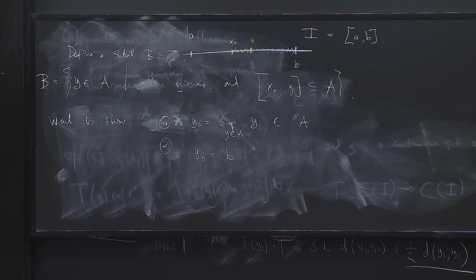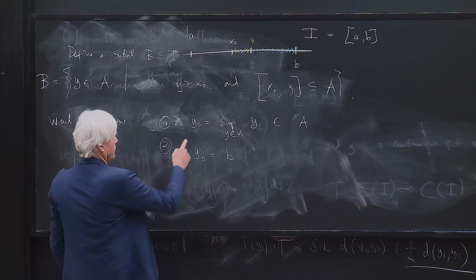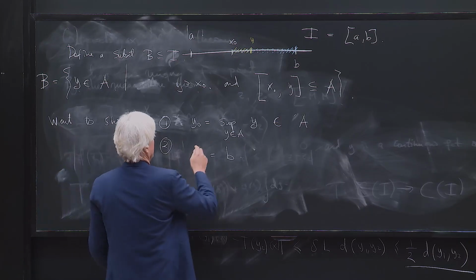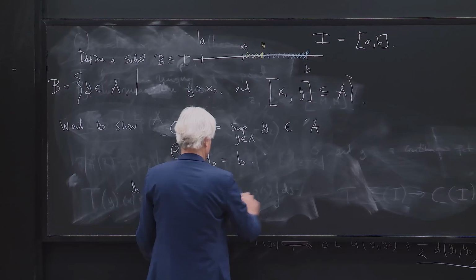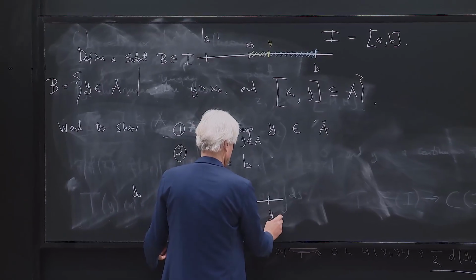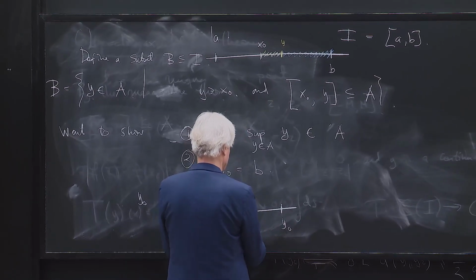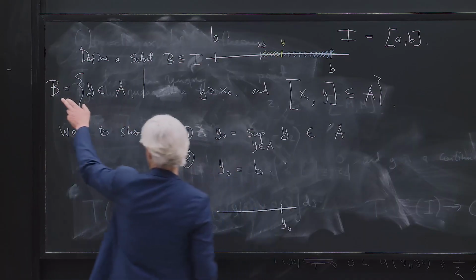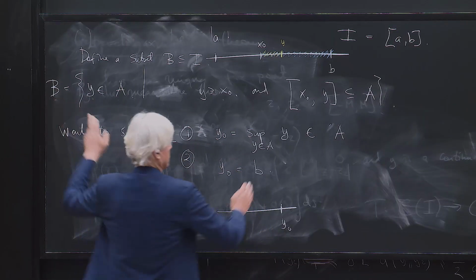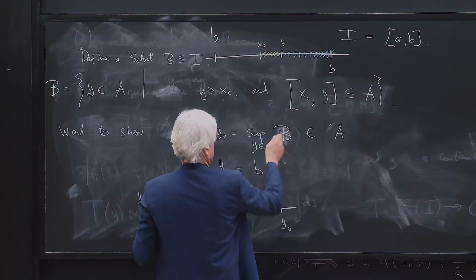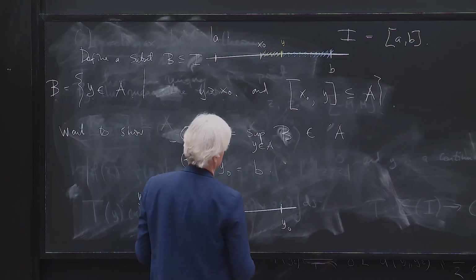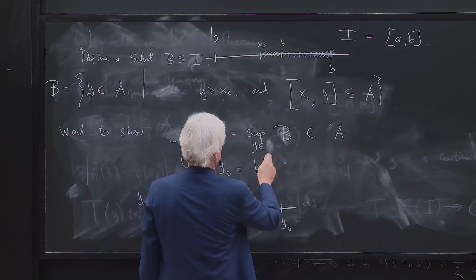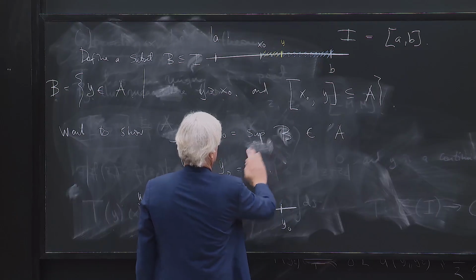So the sup of these, well, if y0 is the sup of elements, then you have a sequence. So here you have y0, and this means that you have a sequence of elements in the set B. So this is the same as sup of B, I'll write it like this.